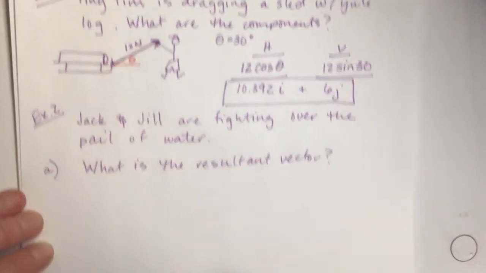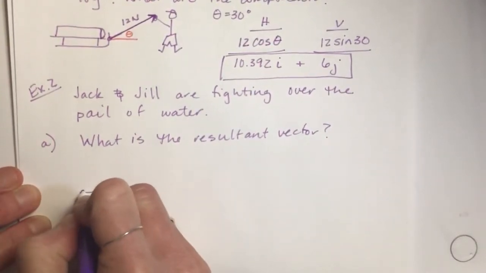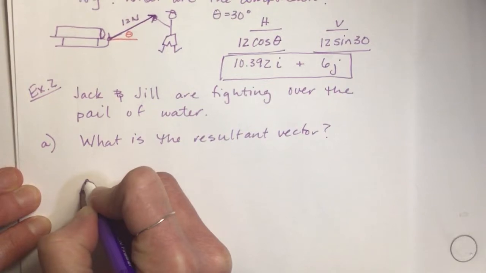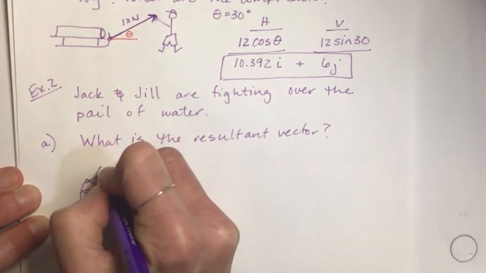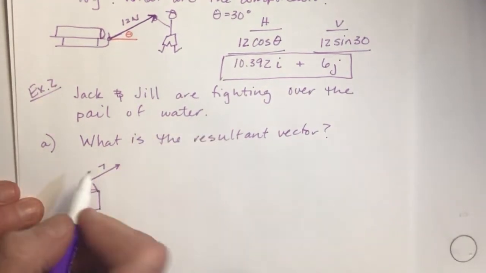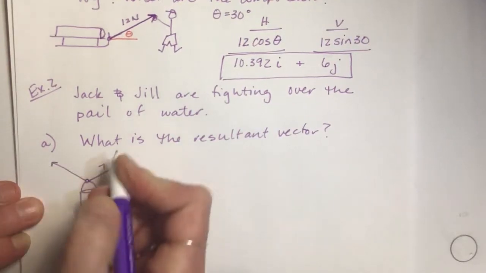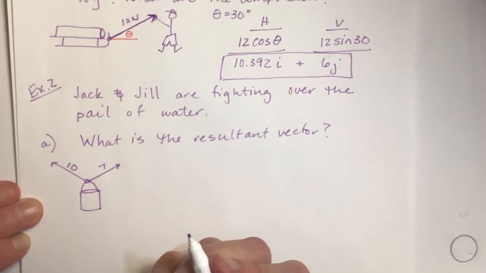Say we've got our pail here. Let's say Jill's over here, and she's pulling with 7 newtons. And Jack is over here, and he's pulling with 10 newtons.